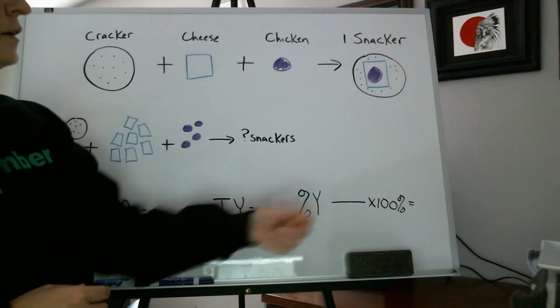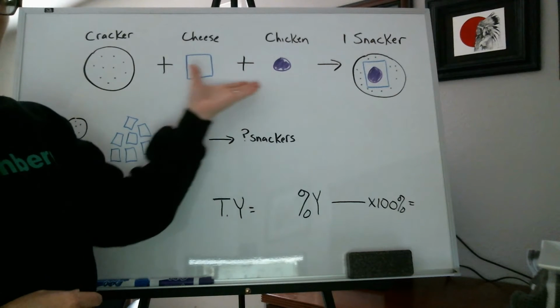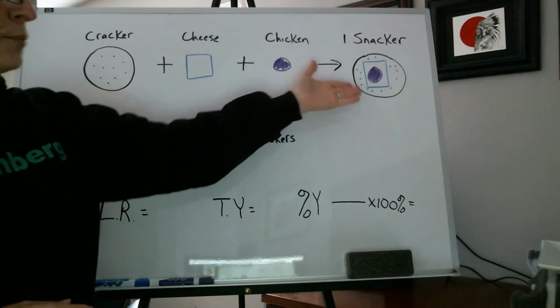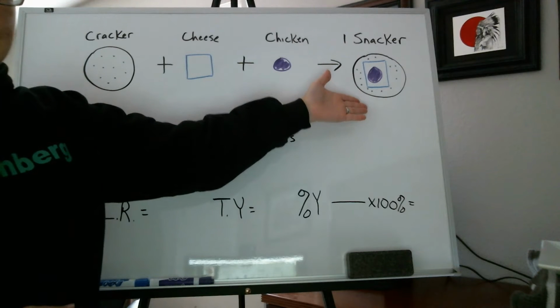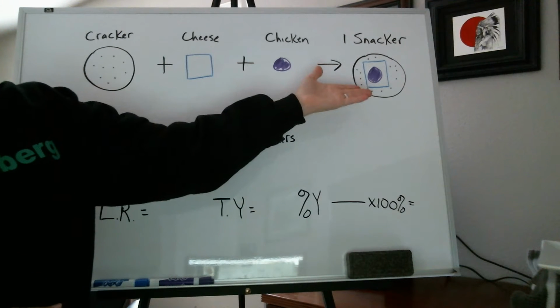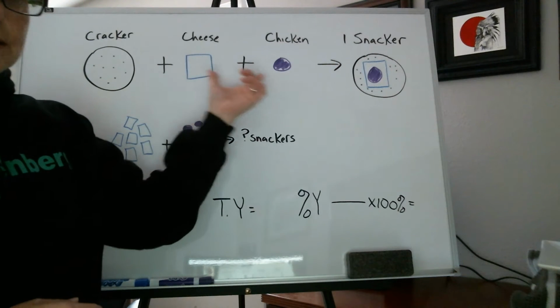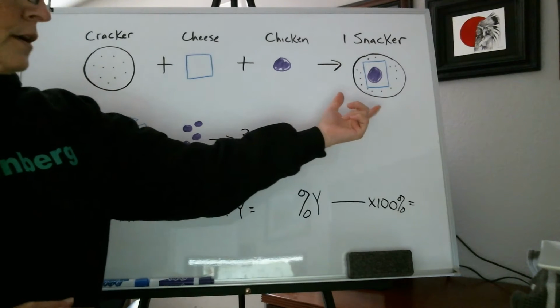The crackers, the cheese, and the chicken would be my reactants, and my product is a snacker. This is actually an example of a synthesis reaction. We're taking ingredients individually and making one final product.